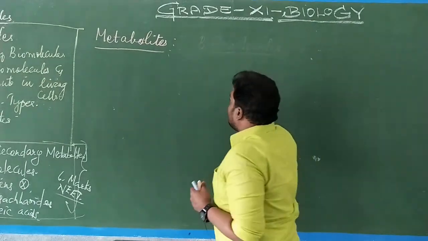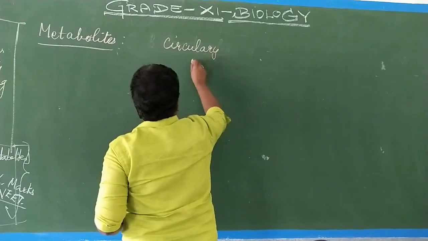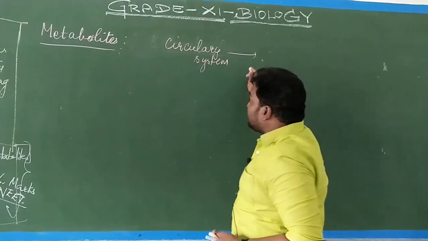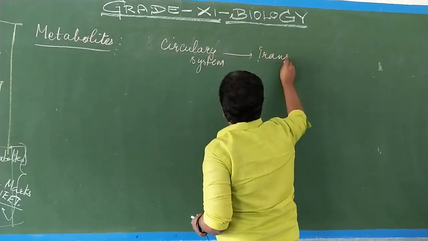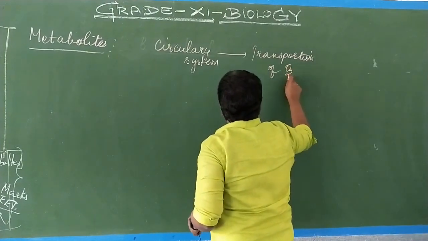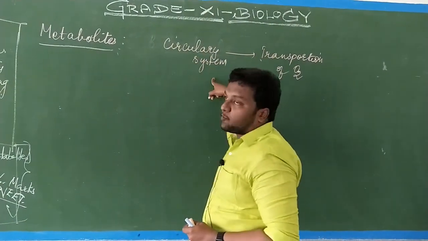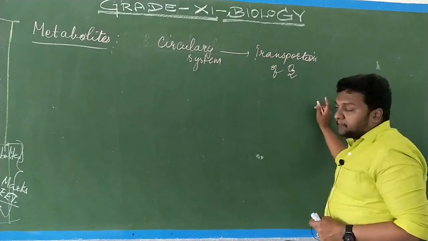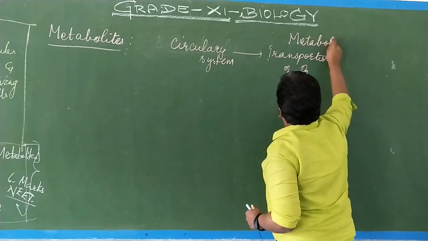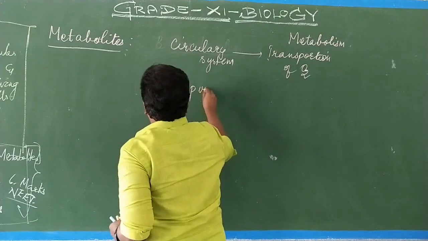For example, take the circulatory system. This circulatory system plays an important role in the transportation of oxygen. So the metabolic activity carried out by the circulatory system is the transport of oxygen. Next, the respiratory system.